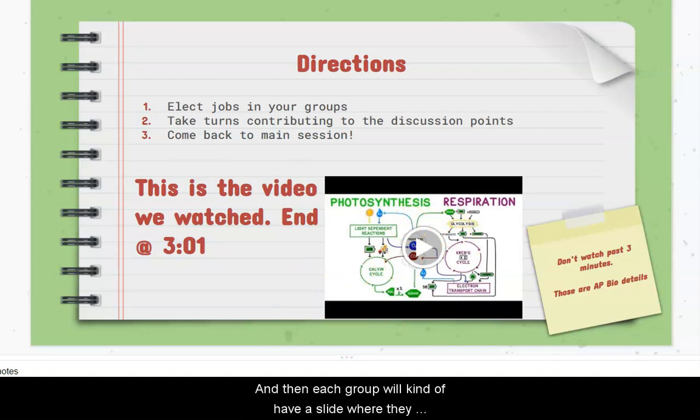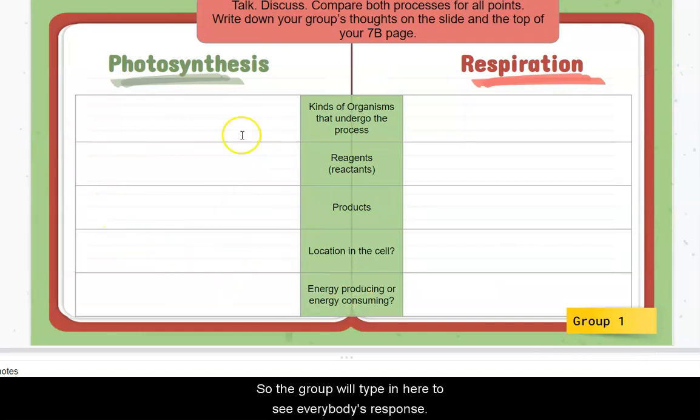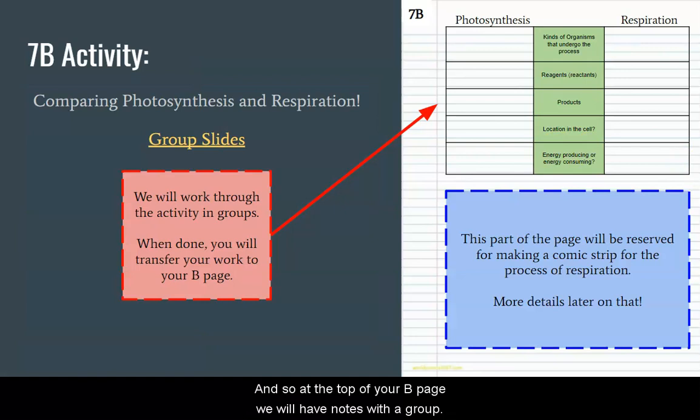And then each group will have a slide where they can compare and contrast the 2 processes. The group will type in here so that I can see everybody's response. But then also on your B page, I'm going to want you to recreate that same table so that you have the notes for yourself. So at the top of your B page, we will have notes with the group of where you've gone through and compared and contrasted photosynthesis and respiration.